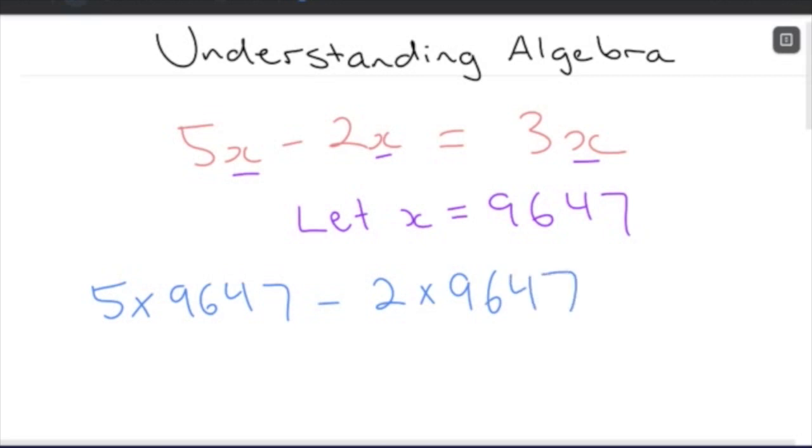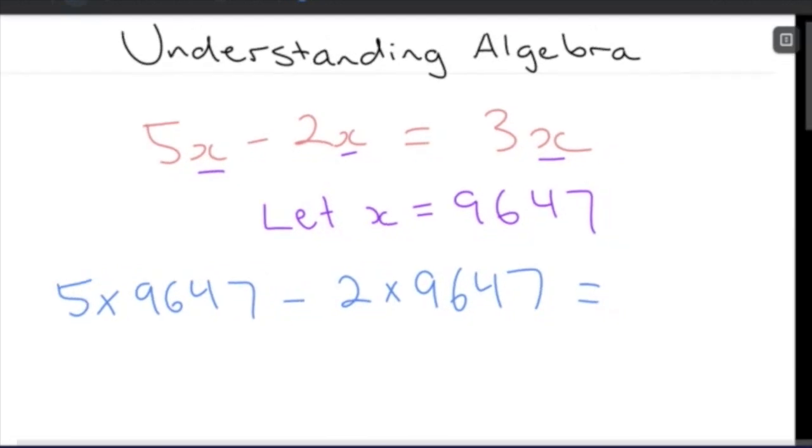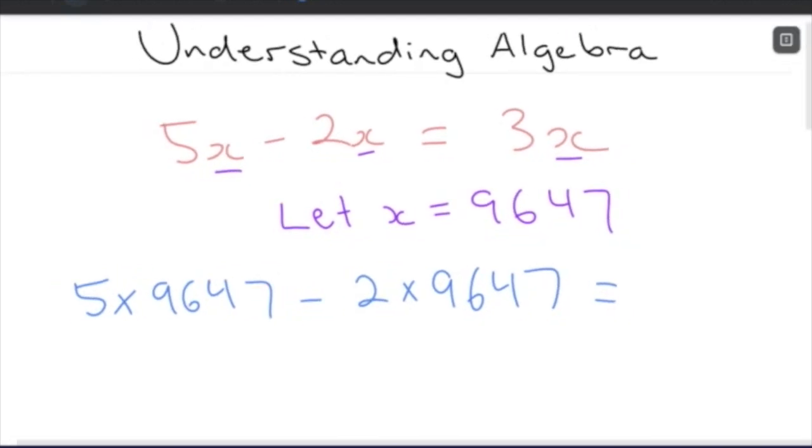First of all, let's just see what this gives us. On the left-hand side. So 5 lots of 9,647 gives us 48,235. I purposely used a big number just to demonstrate this.